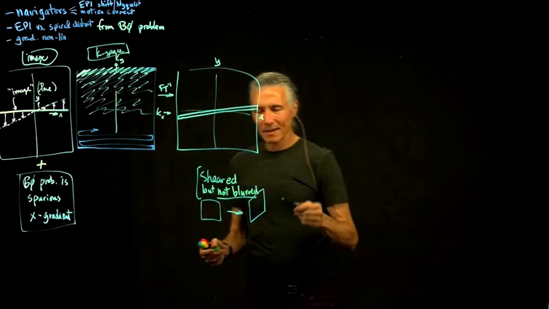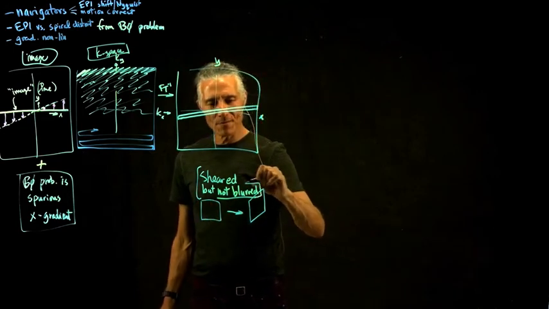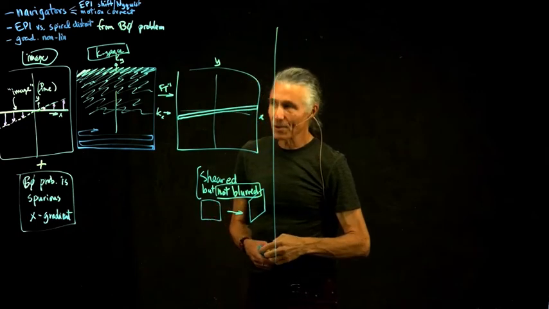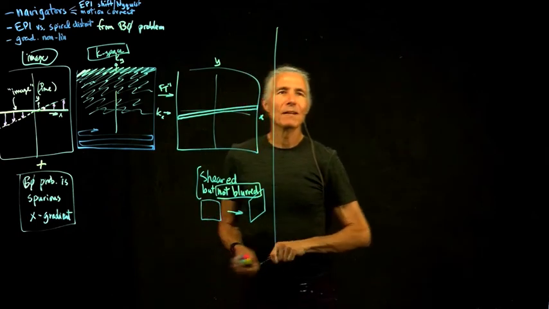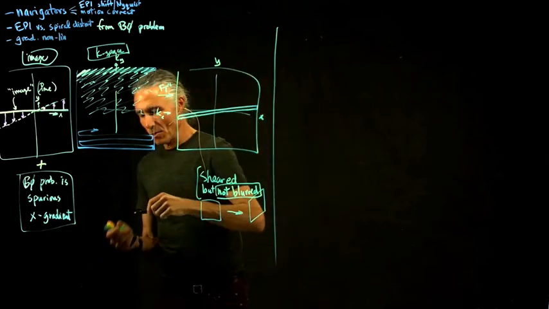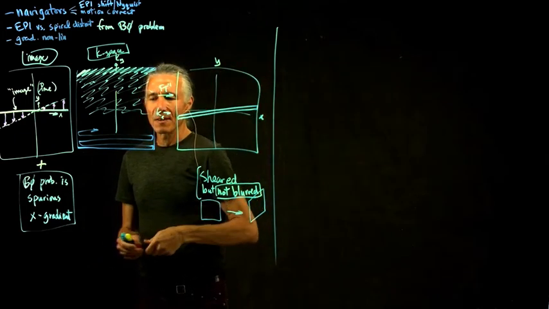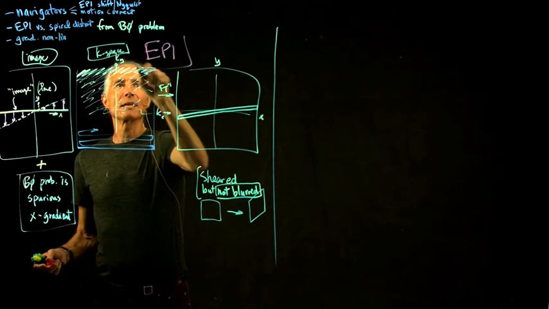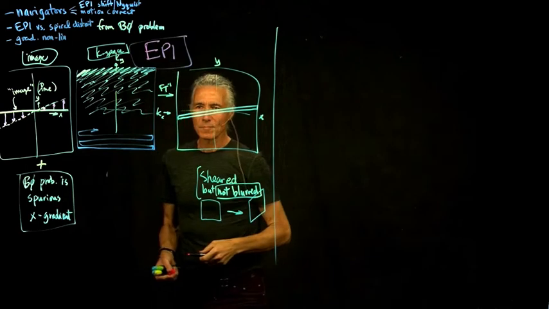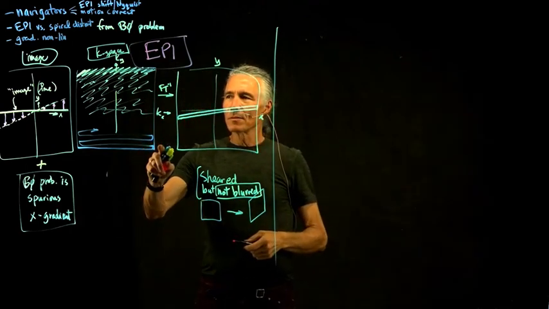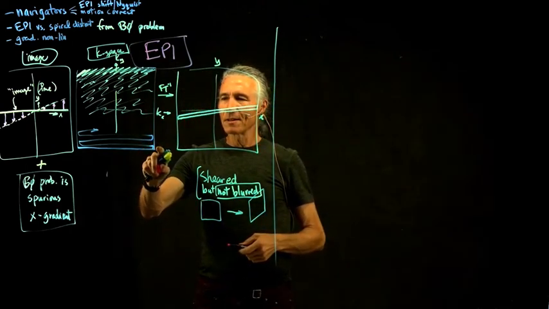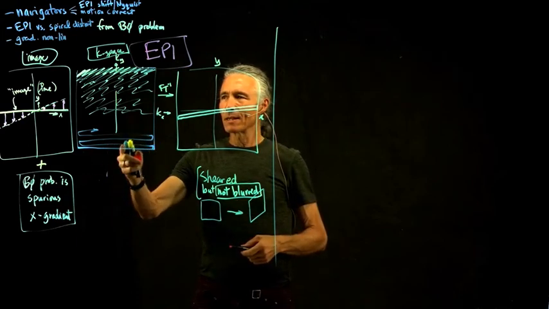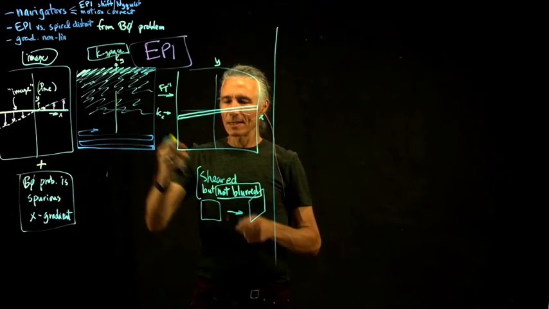And because of that, people have tended to prefer this kind of scan to a spiral. So this whole thing on this side is the EPI, where we collect the data sort of non-uniformly with very large gradients in the kx direction and much smaller blips in the ky direction.